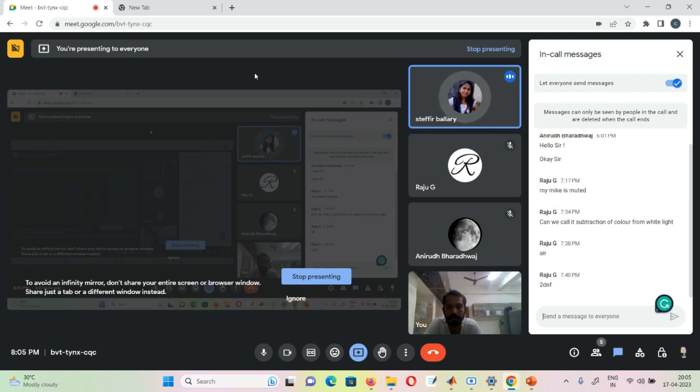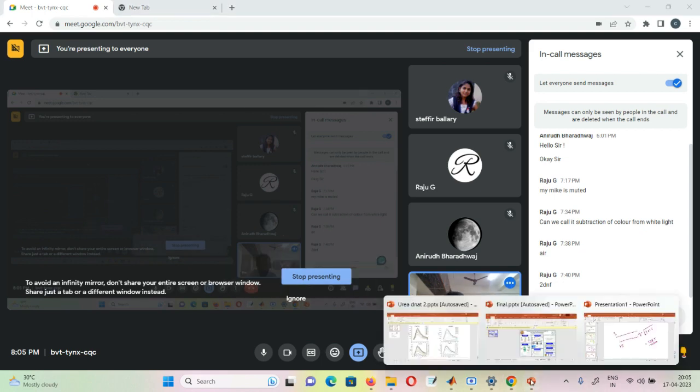Sir, can you just briefly explain how to find the aperture in any complex lens system? Can you explain again? I'm not hearing properly. How to find the aperture stop in any complex lens system? Aperture stop, okay. Actually, I think they will give the aperture stop.